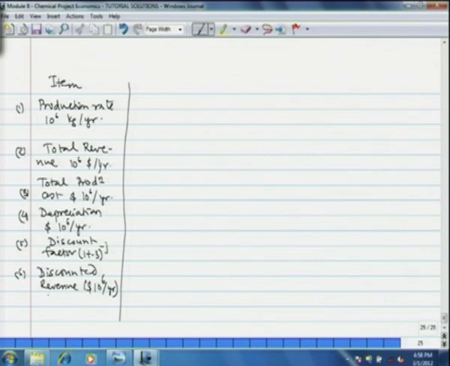Then the discounted production cost, and finally the discounted depreciation.